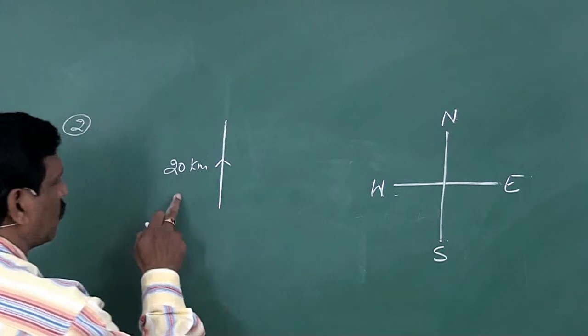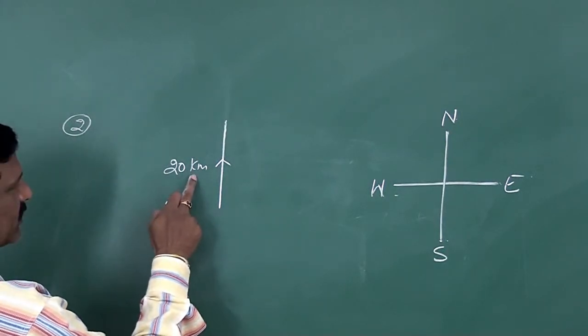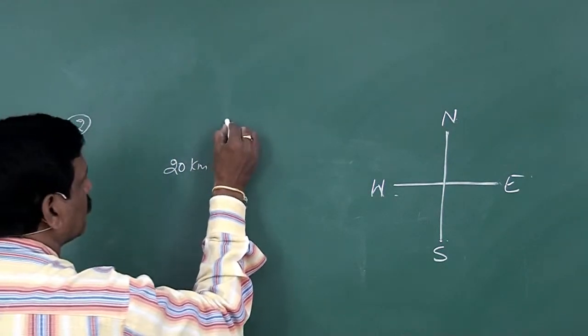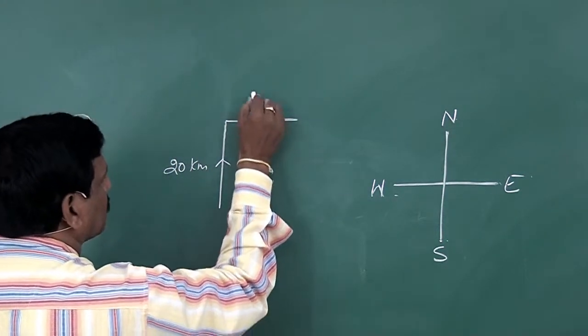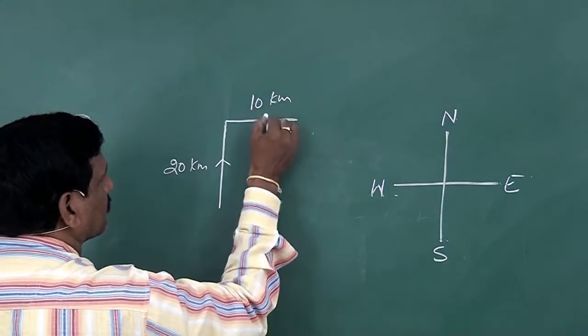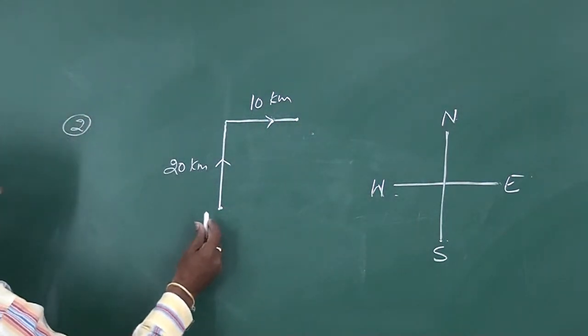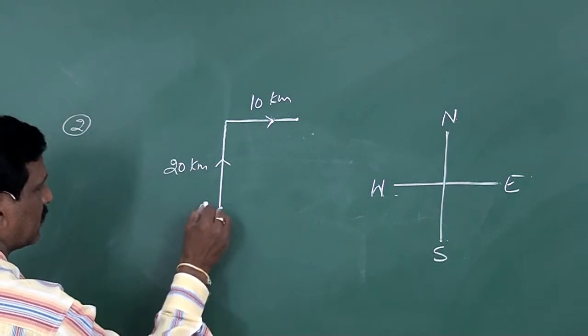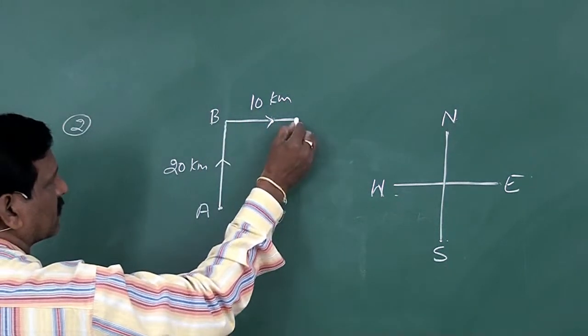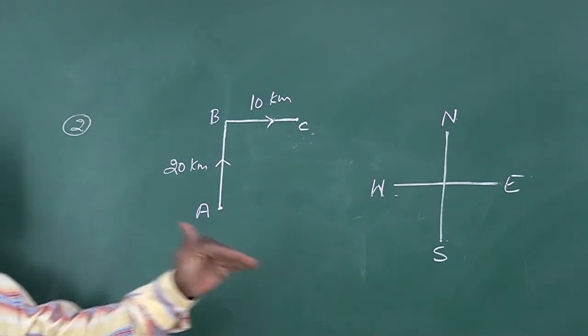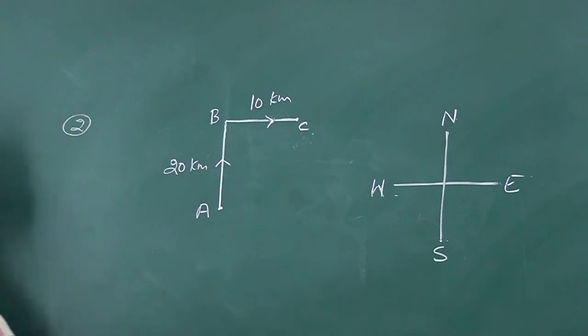So the body moves 20 km due north, that is the northward direction, then moves eastward. This is 10 km. So this is the path the body travelled, A, B, C. So 20 km north, then 10 km due east, that is in the eastward direction.